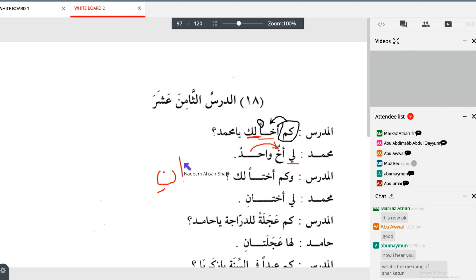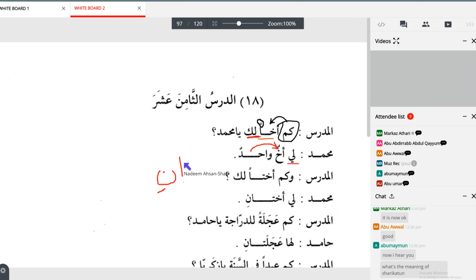كم عجلة للدراجة يا حامد. Okay. How many wheels or tires, as the brother said, does a bicycle have? Oh, Hamidu. And he says, Laha, because the ha over here, this damir, what's it talking about?